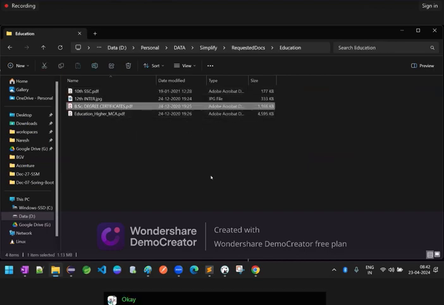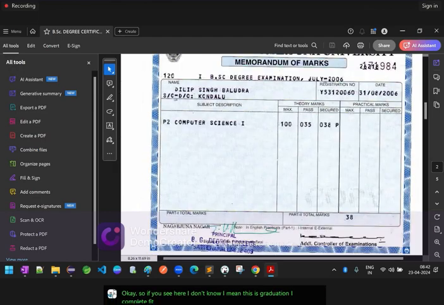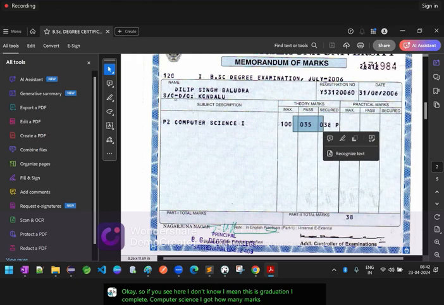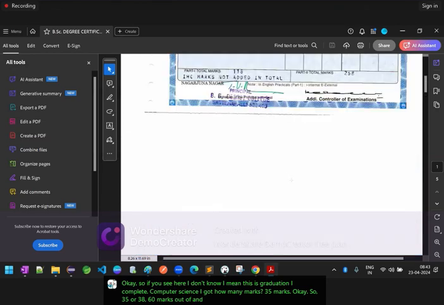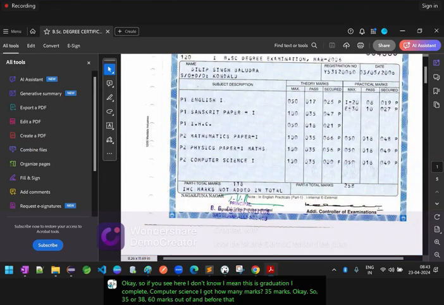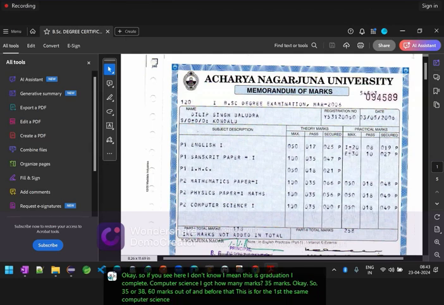Okay, so if you see here, this is the graduation I completed. Computer science, how many marks did I get? 35 marks, out of 60. And before that, this is for the first sem, computer science. Maximum 100, pass marks. How many here? 0.